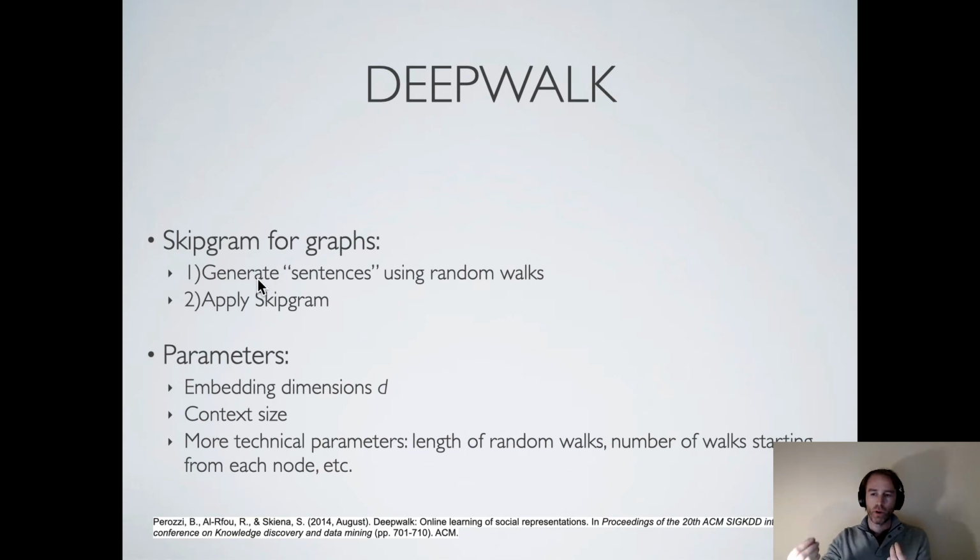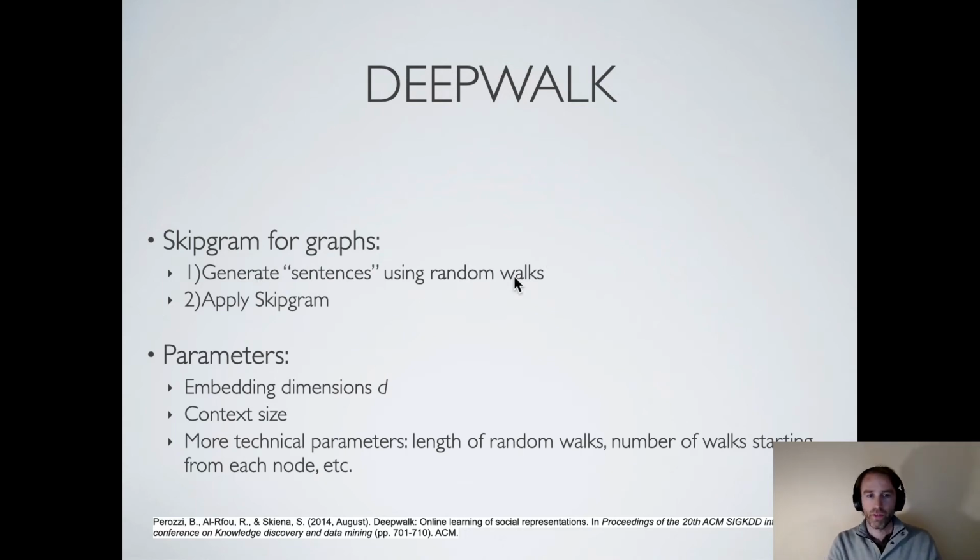So you remember that N5 is in the context of N1. Then you continue to move and you arrive at N10, and so you remember that N10 is in the context of N1, and so on and so forth. As for words, you need to choose a size of context: how far can you go in the random walk and still consider that you're in the context of your original node?